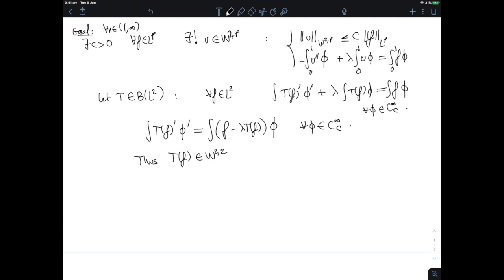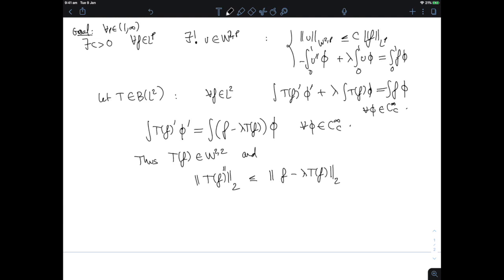And what can I say about the W^{2,2} norm of Tf? I can say that the L2 norm of (Tf)'' is smaller than the L2 norm of f minus lambda Tf.